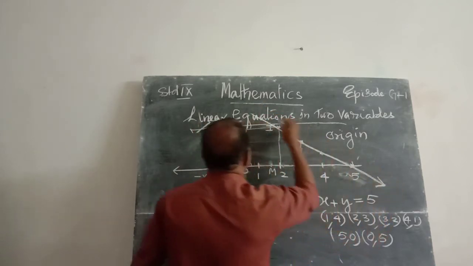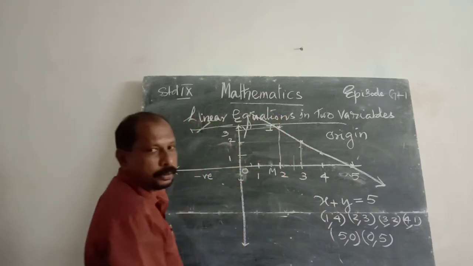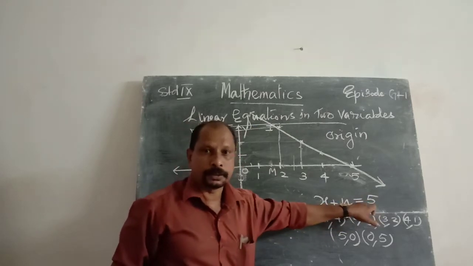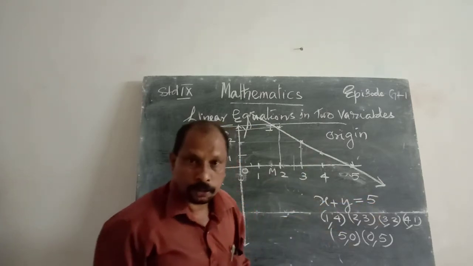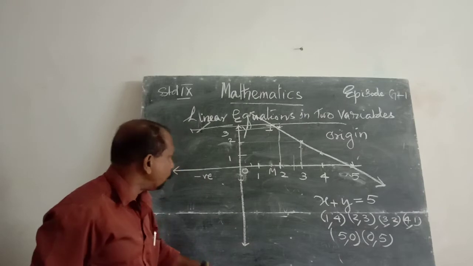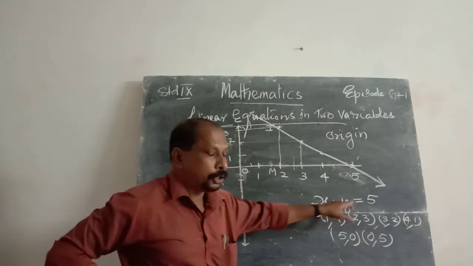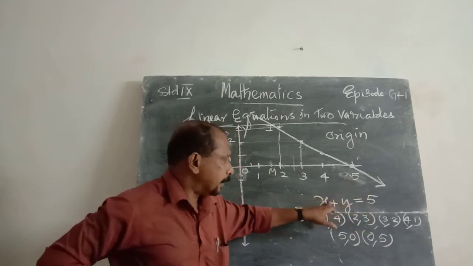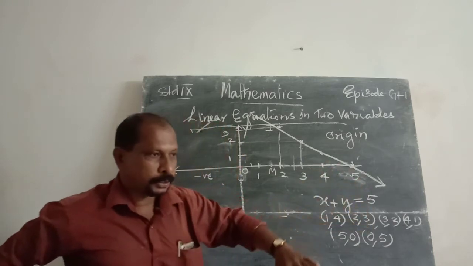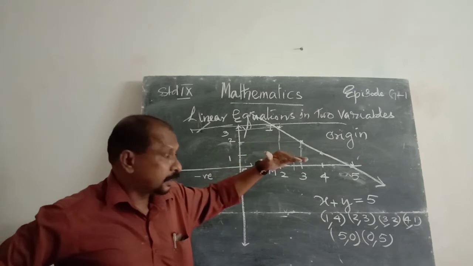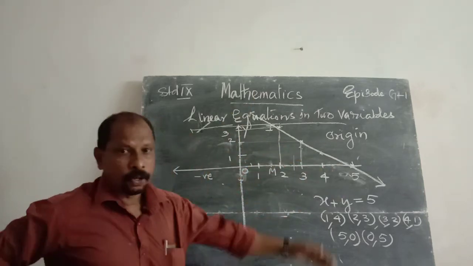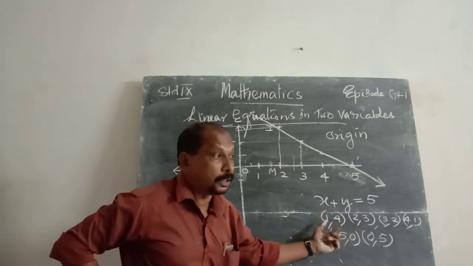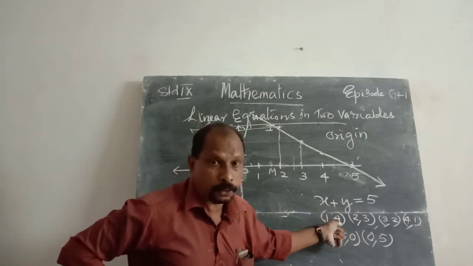We get to a straight line. This straight line is what? x plus y is equal to 5. Therefore, x plus y is equal to 5 is a linear equation in x and y, that is two variables, and we consider all the solutions of that equation are the ordered pairs with x coordinate and y coordinate.